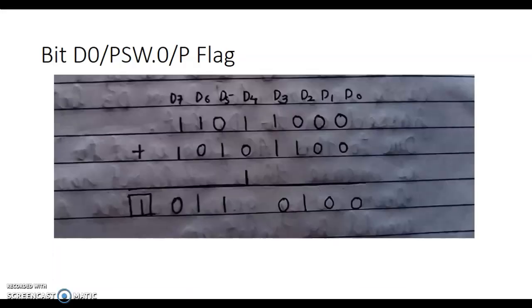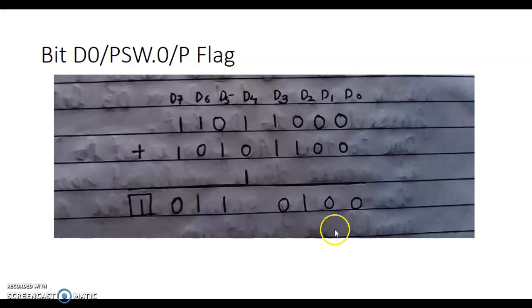The next bit in discussion is bit D0 or PSW.0 or parity flag. Again, if we refer to the same example, after the addition of both the 8-bit numbers, the number of 1s present in the result, leaving the carry bit, is counted. If the number of 1s counted in the result is odd, then the parity flag bit is set to 1, and if it is even, it will be set to 0.